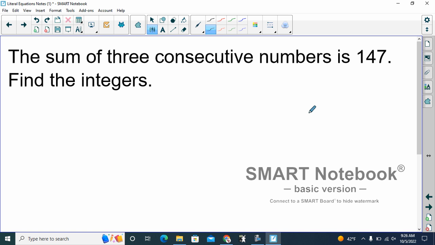Last example problem here. It says the sum of 3 consecutive integers is 147. We are asked to find the integers.